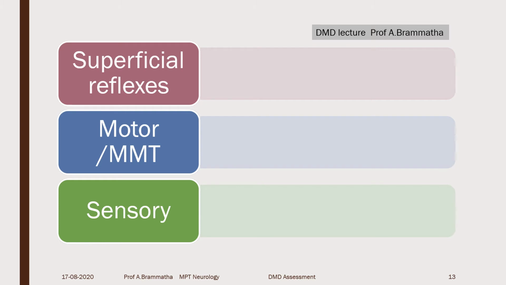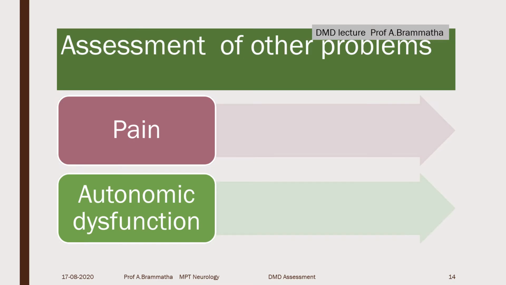And sensations, mostly they are normal in the early stage, but in the later stage, because of the ongoing muscle weakness and loss of ambulation, there could be a mild sensory loss or numbness. And pain, loss of ambulation can lead to muscle ache.